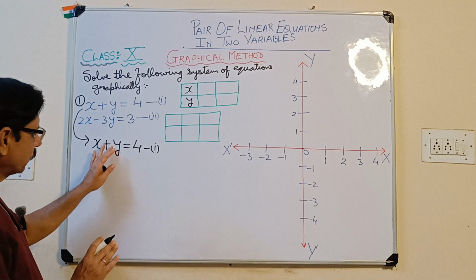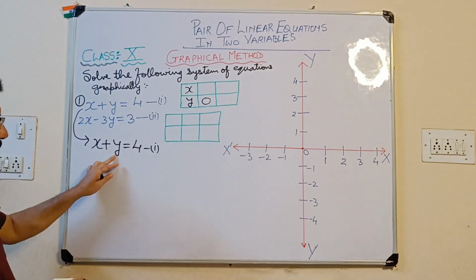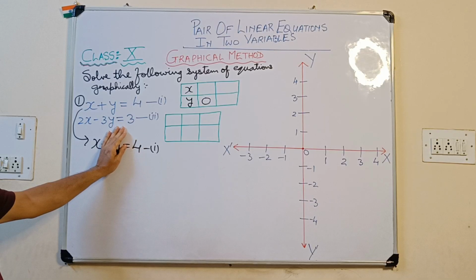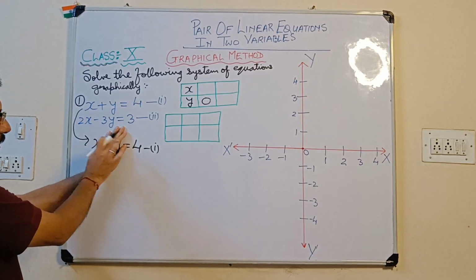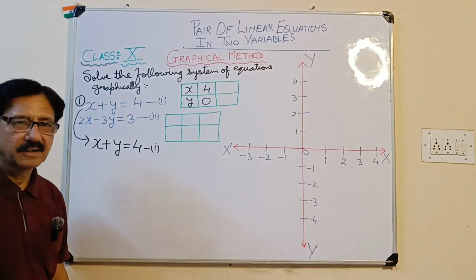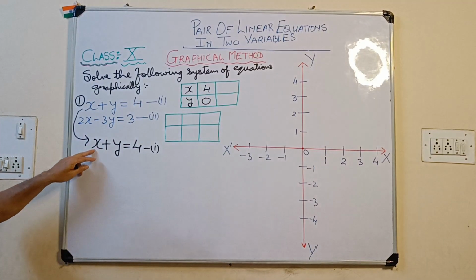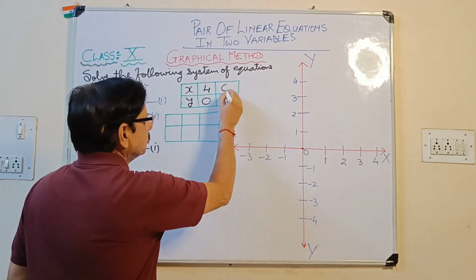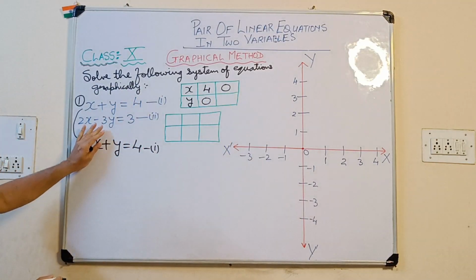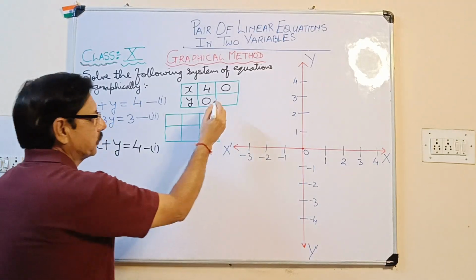Like here, if I put y equals 0, then what is x equal to? 4 you will get. So here 4 is there. Now the second time I put x equals 0. So what is the solution? y equals 4 simply.